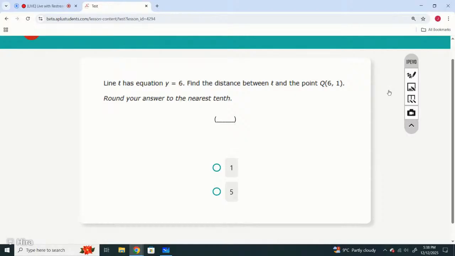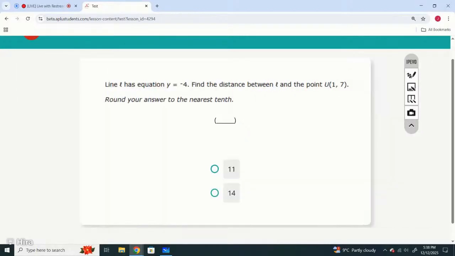The distance between the two points is 5. Option number 2 is the correct option.